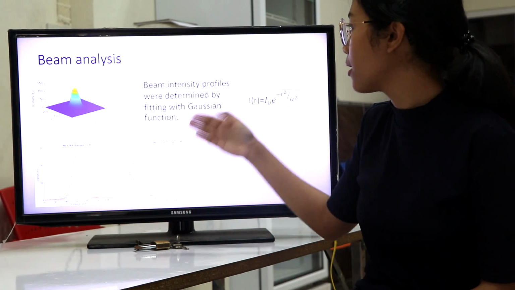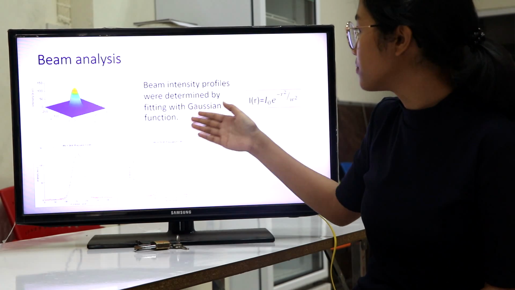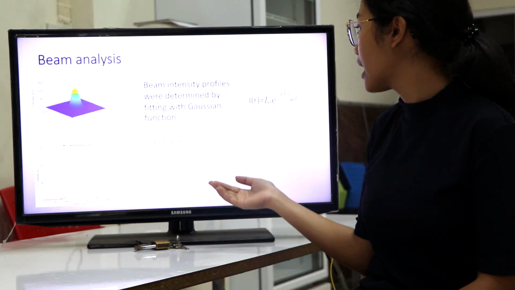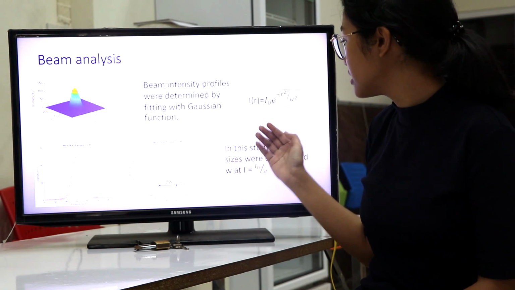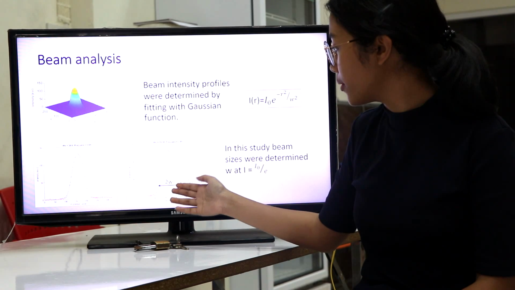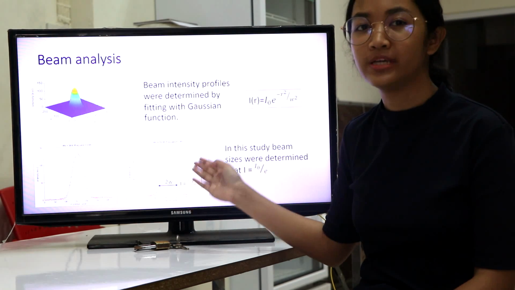So, beam analysis. The beam intensity profile is determined by fitting with a Gaussian function in my MATLAB code, and in this study, beam size is determined at the W where the intensity equals the peak intensity divided by e.